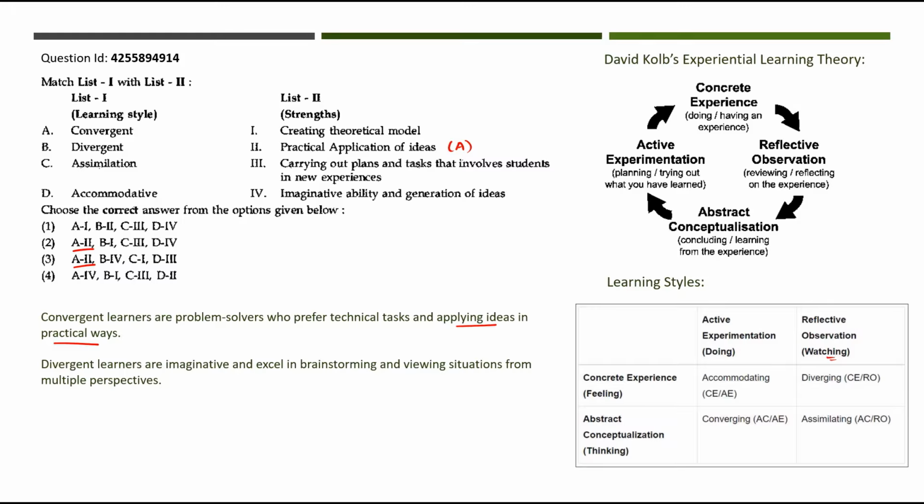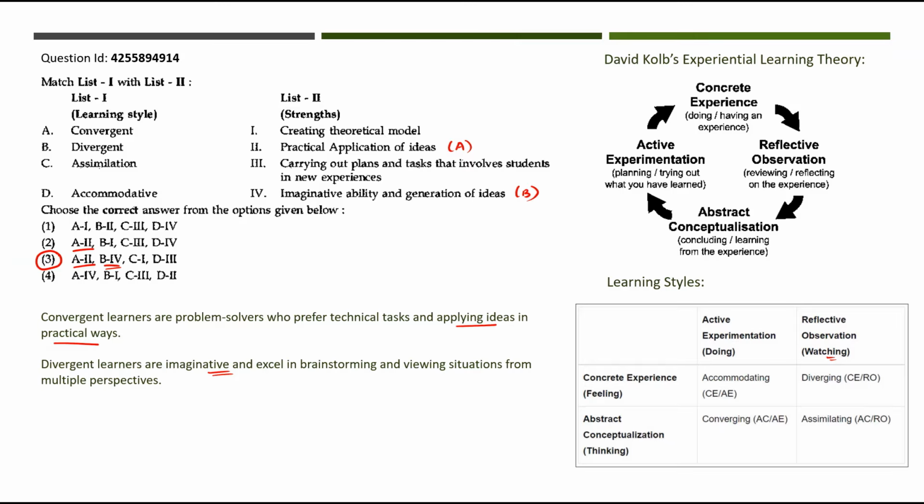So the imaginative ability can be mapped to this particular key term here. B will be mapping to 4. B4 is available only in one option here. So we will go with option number 3 as the right answer. What is actually generation of ideas? When you view a situation from multiple perspectives, every perspective will contribute to a new idea.